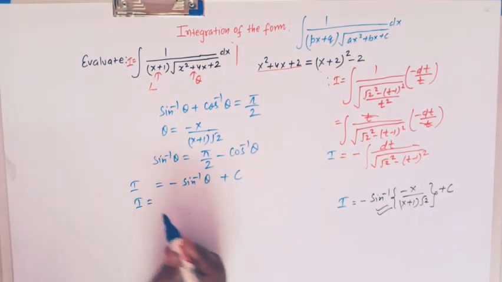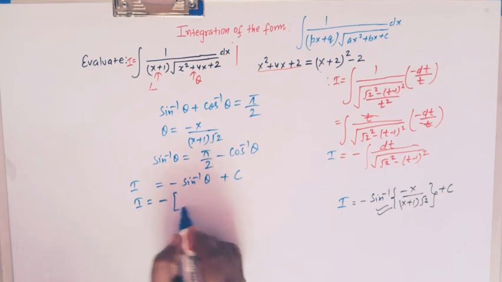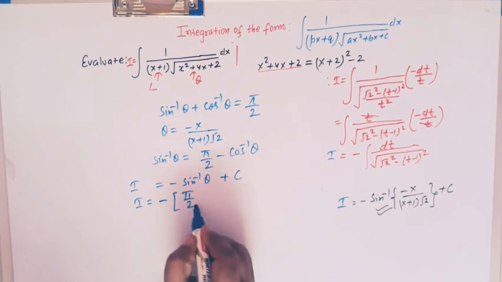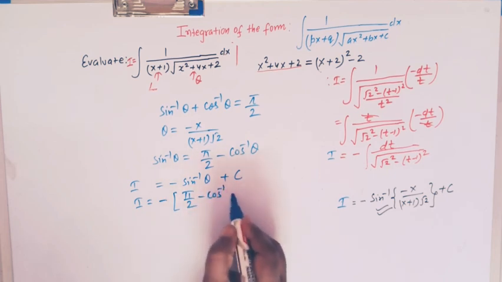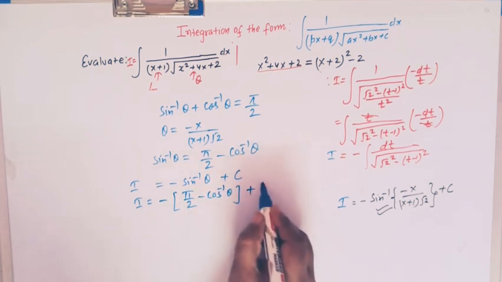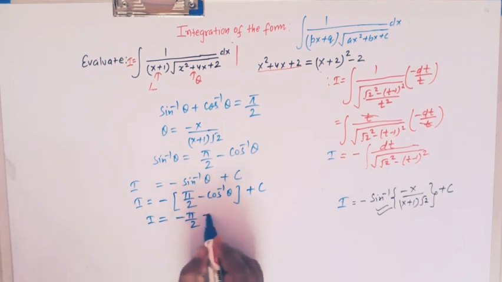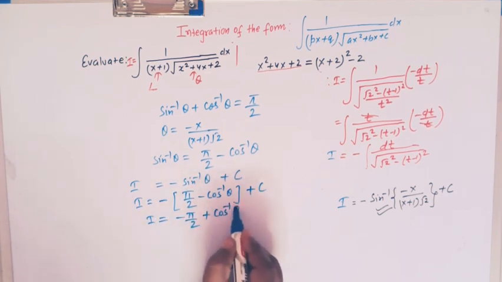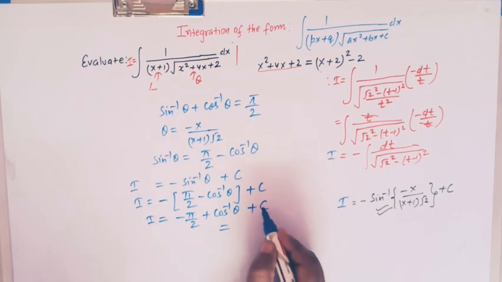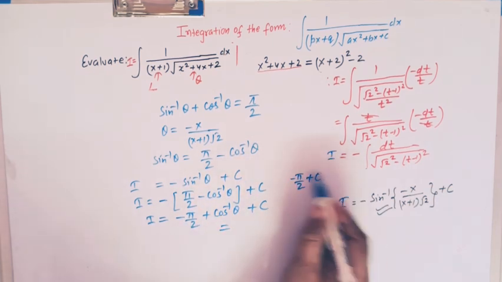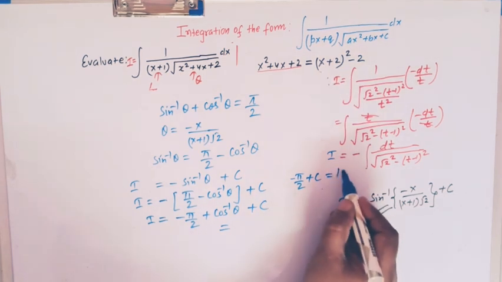So I can be written as minus, for sine inverse theta we have pi over 2 minus cos inverse theta plus c, and this is minus pi over 2 plus cos inverse theta plus c. And we can easily see that minus pi by 2 plus c is some other constant, let us say k.